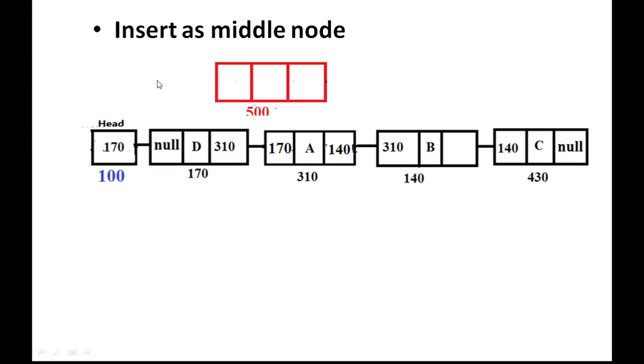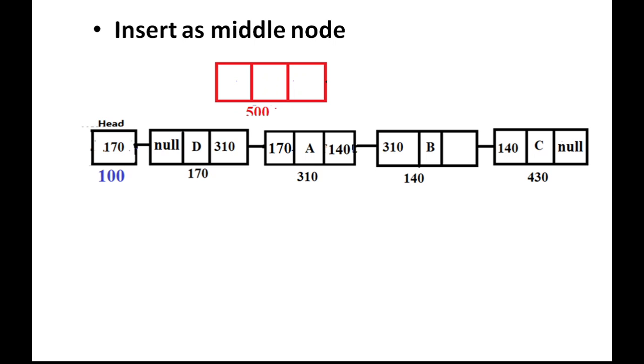The next option is inserting as a middle node. So when I say a middle node, what I actually mean is that it need not be exactly the middle node of the linked list. It can be anywhere in the linked list, but the meaning of middle node in our context is that it is neither the first node nor the last node.